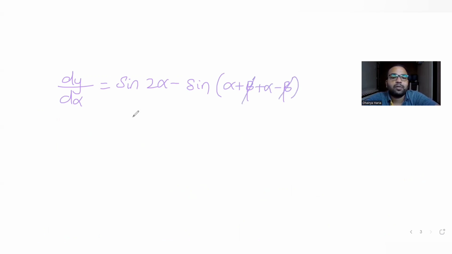Beta gets cancelled, and alpha plus alpha is 2α. So sin 2α minus sin 2α, and you get dy/dα already 0.